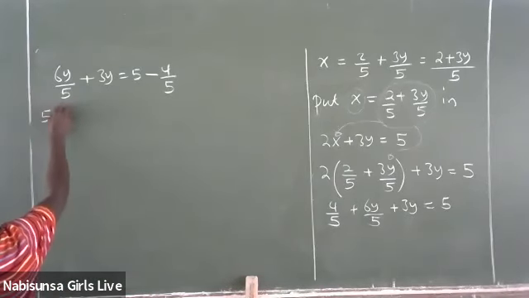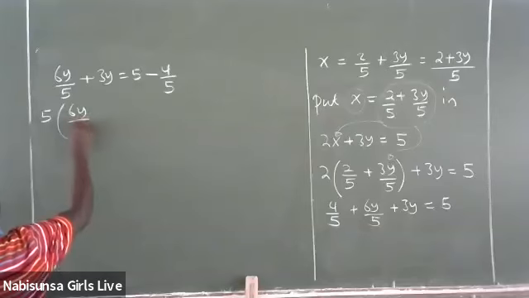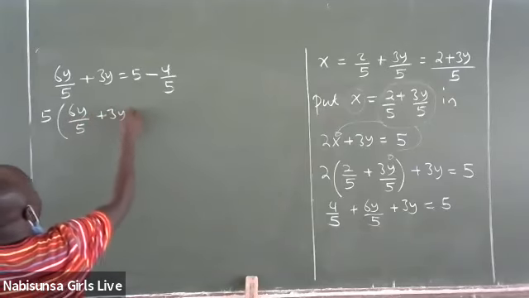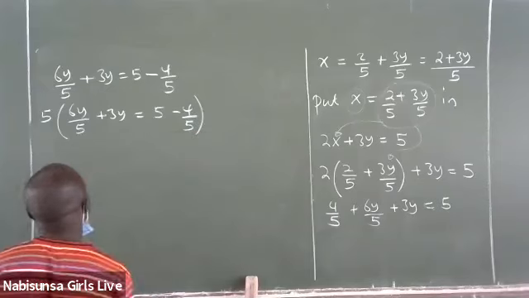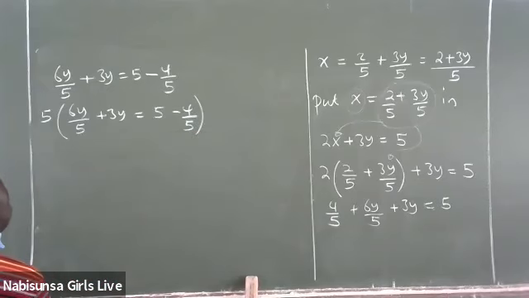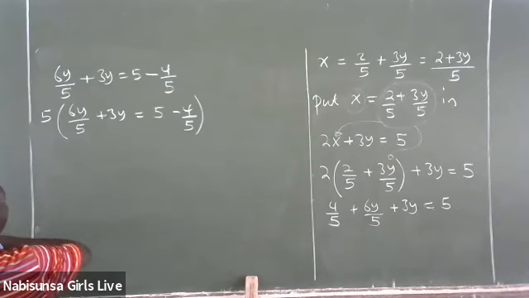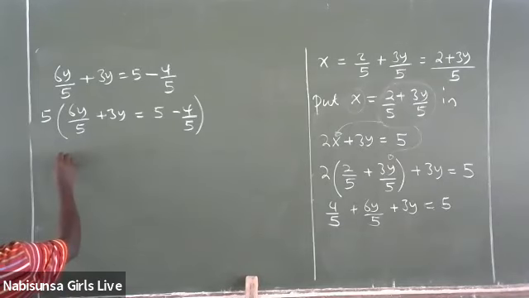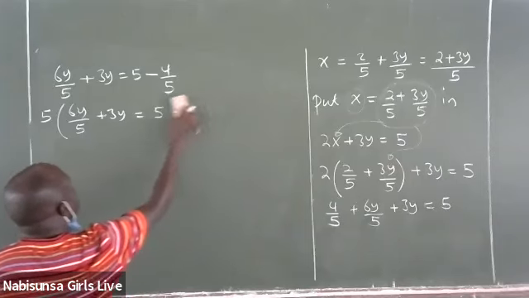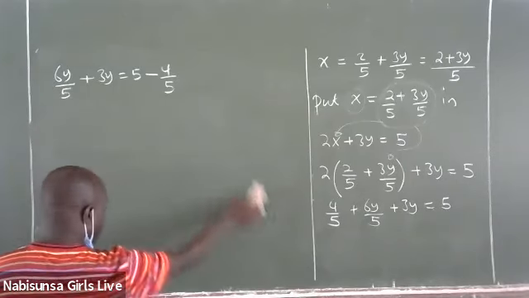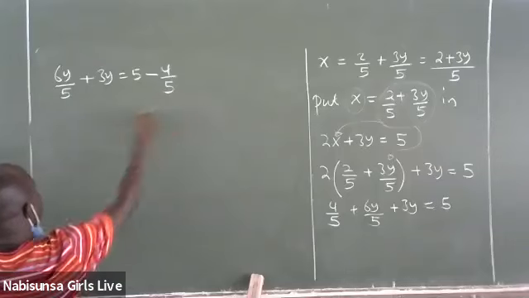So we multiply everywhere by 5. So 6y over 5 plus 3y is equal to 5 minus 4 over 5, everywhere by 5: times 5, times 5, times 5. So this will give us, I hope this is not a correct mathematical statement, but I'm multiplying everywhere by 5.